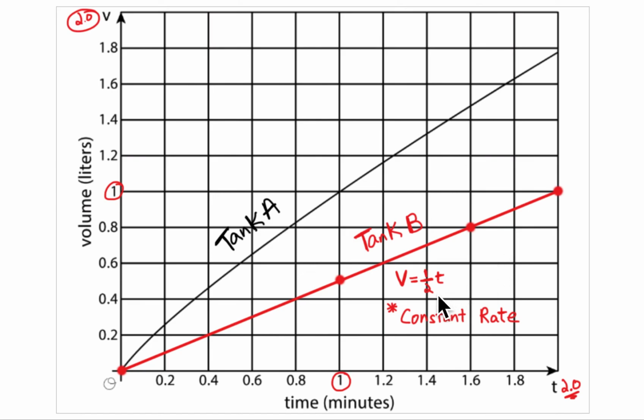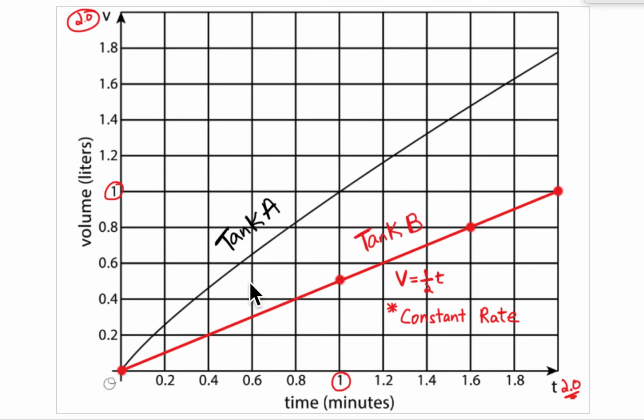And this is tank B filling at a rate where the volume is half the units in time. So if you look at 1 minute, half of 1 as a unit is 1/2.